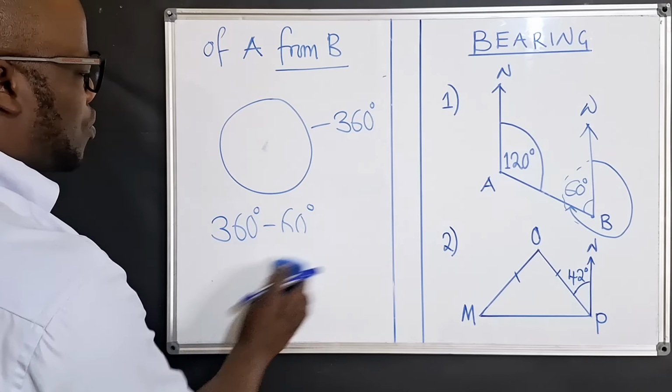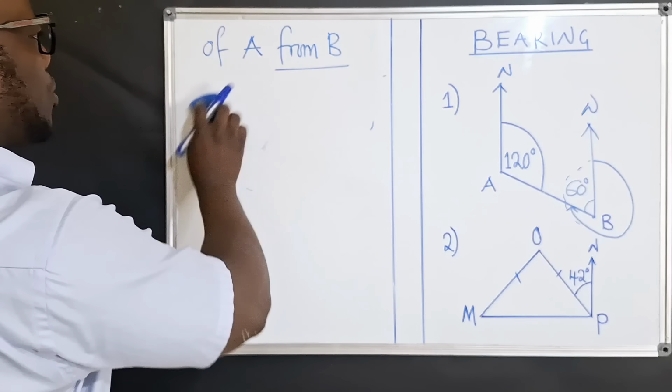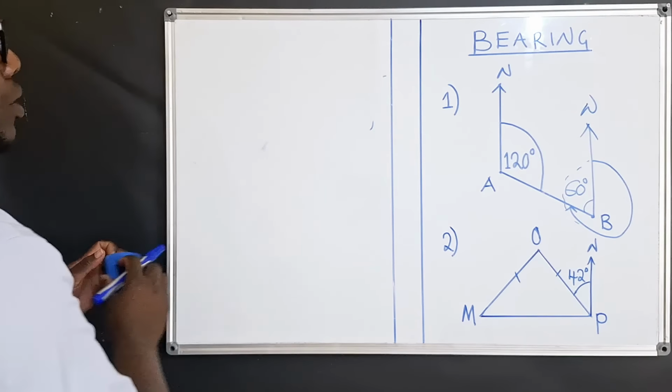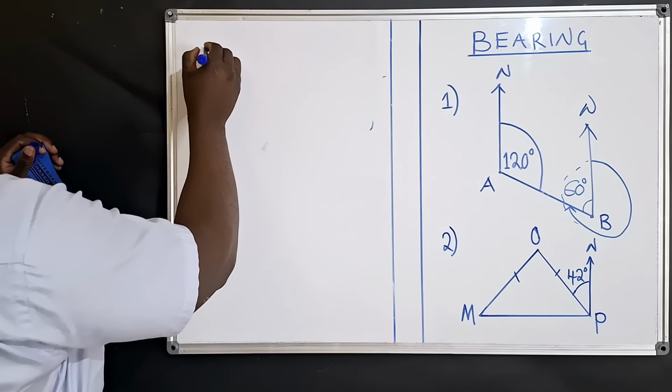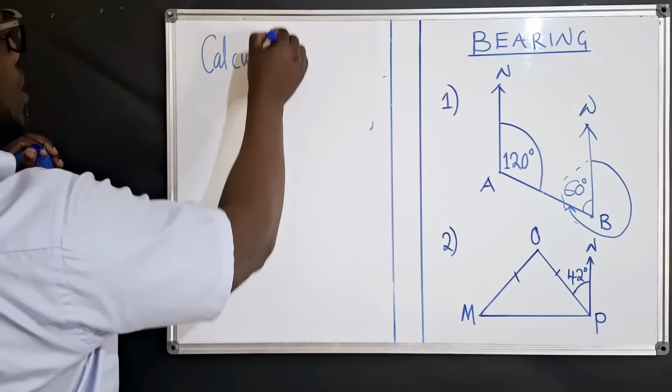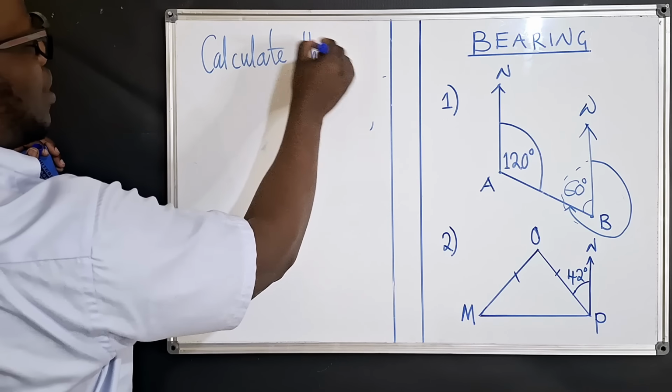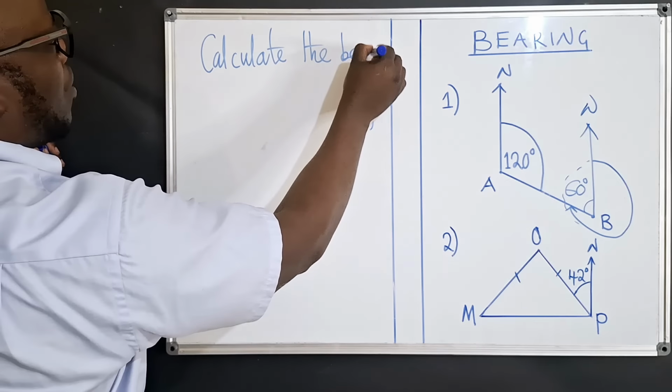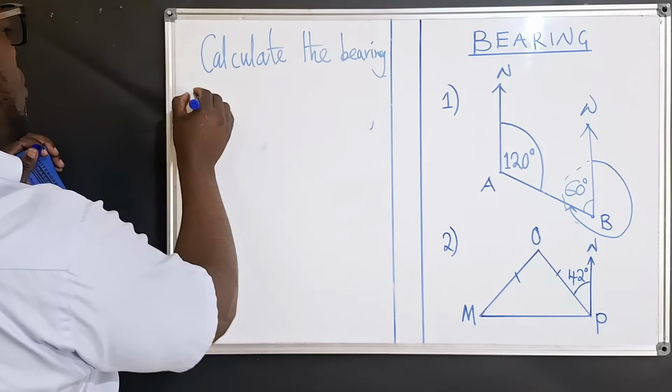So let's look at question 2 and see what we're supposed to do on question C. So for question C, if they say find or calculate the bearing of O from P. Bearing of O from what? From P. Can you see that?